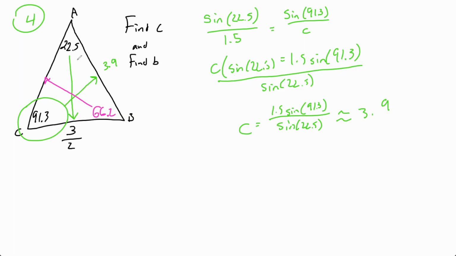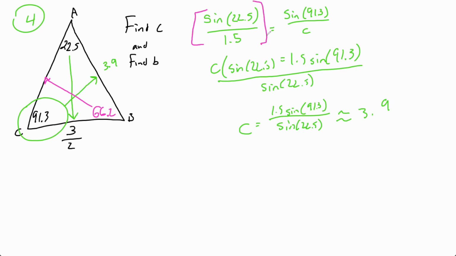Now, I'm already taking a gamble here, right? I haven't verified this triangle's real, and I just used the old geometry 180 minus trick, so I'm not going to take a second gamble and use 3.9. What I want to do instead is always go back to my original, and this is why I said do it this way.